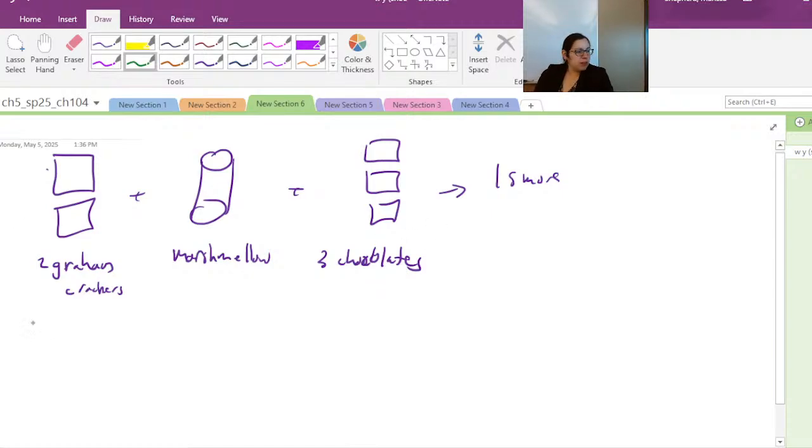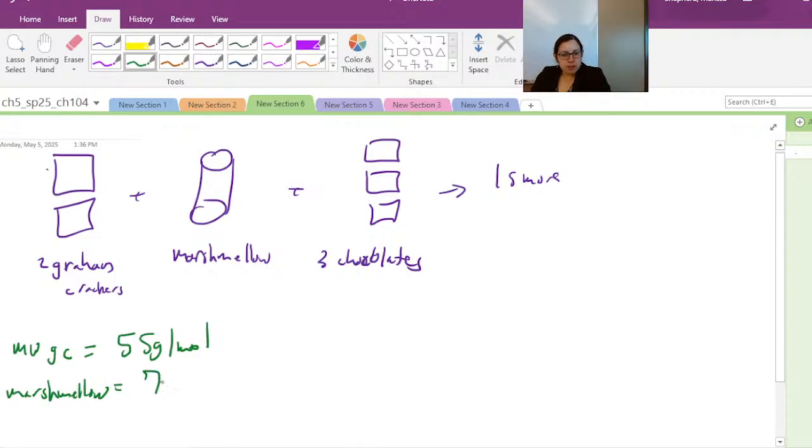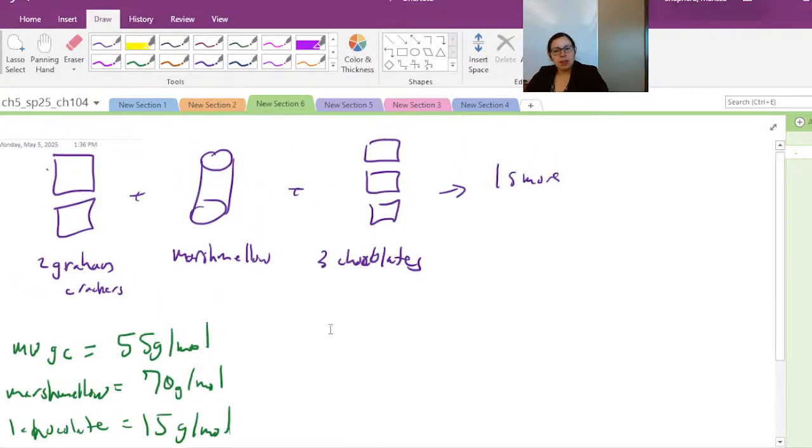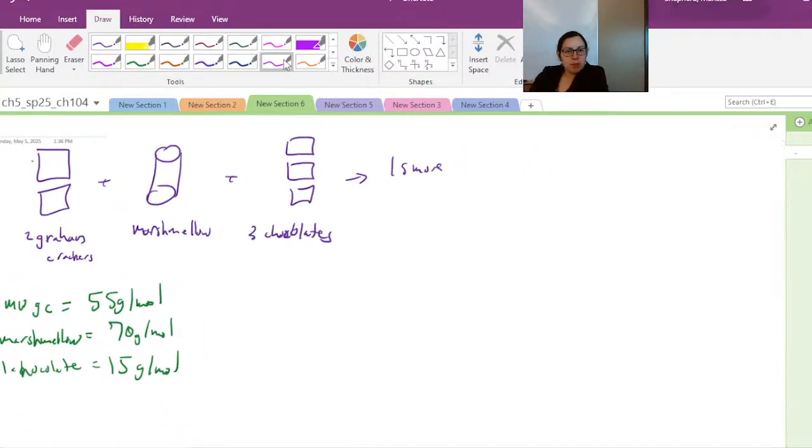But I'll of course give you our molecular weights right now. So our molecular weight for our graham cracker is 55 grams per mole. Our marshmallow is going to be 70 grams per mole. And 1 chocolate is 15 grams per mole. And so now just start off with what then is the mass of 1 s'more.